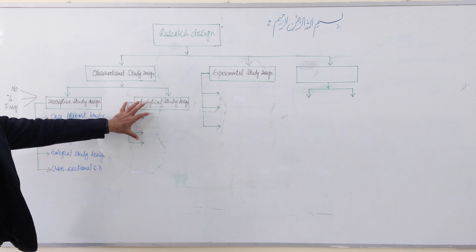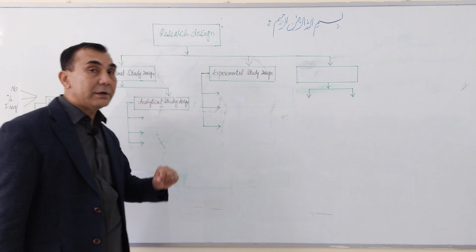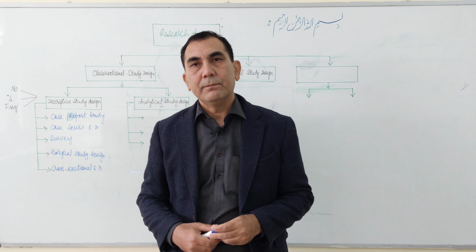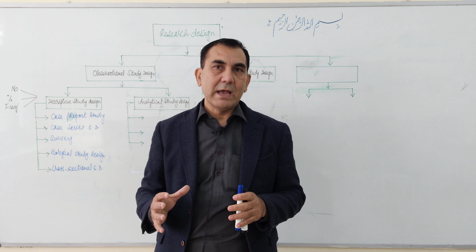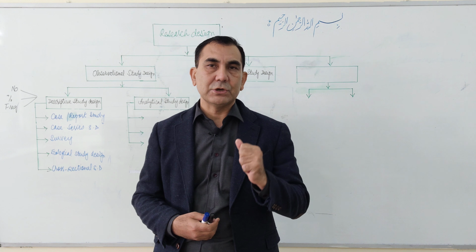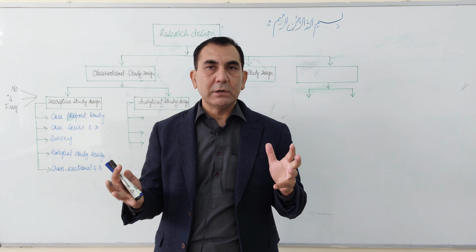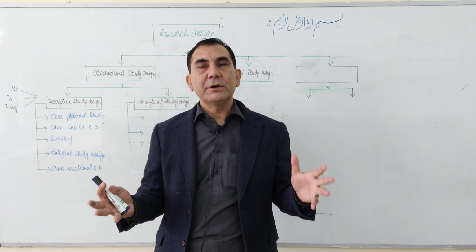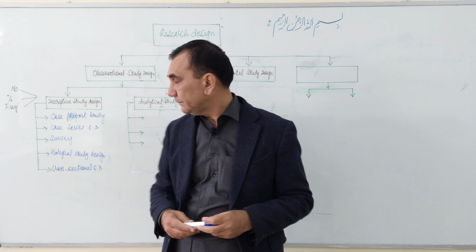Now another type of observational study. Now we will come to the analytical study design. As I explained earlier, the analytical study design is the type of study design in which the researcher proves the hypothesis and the research question by using different statistical methodology and research methodology.